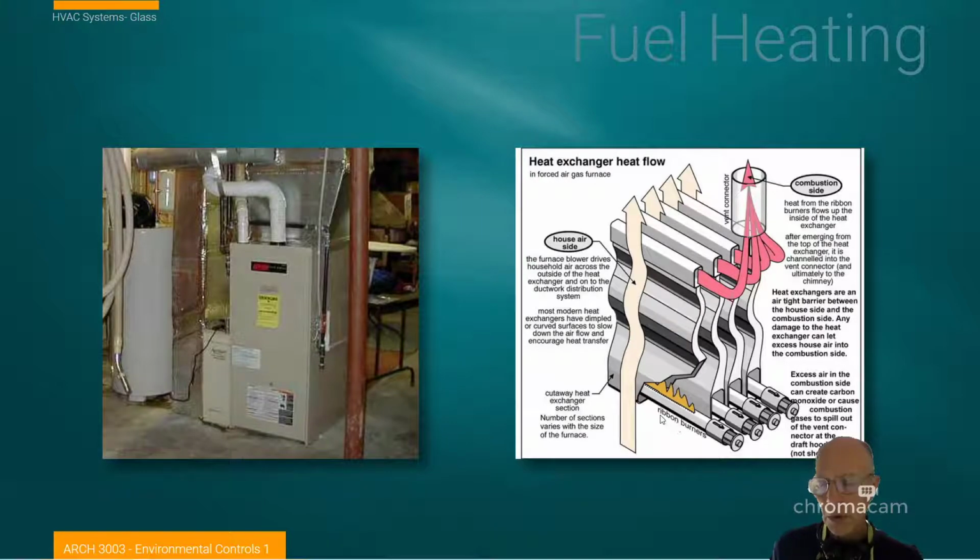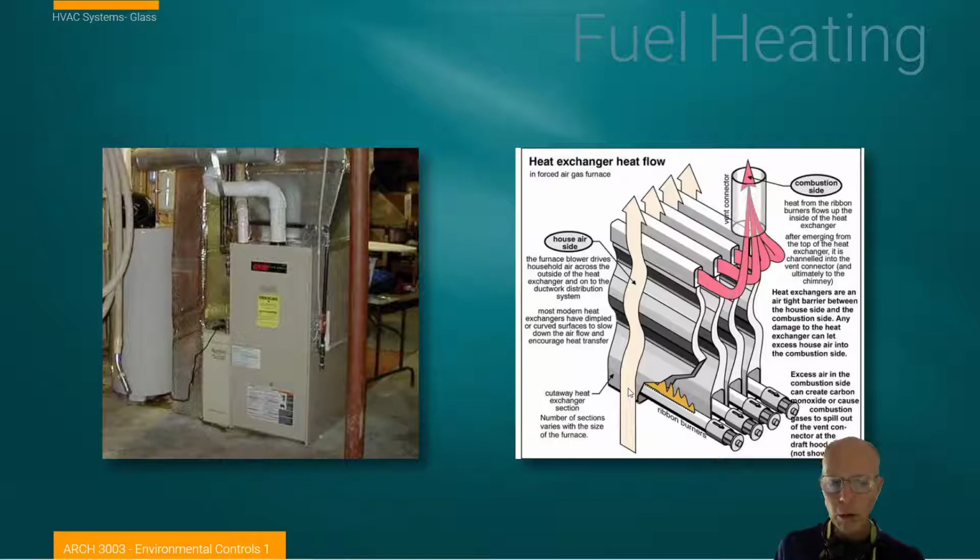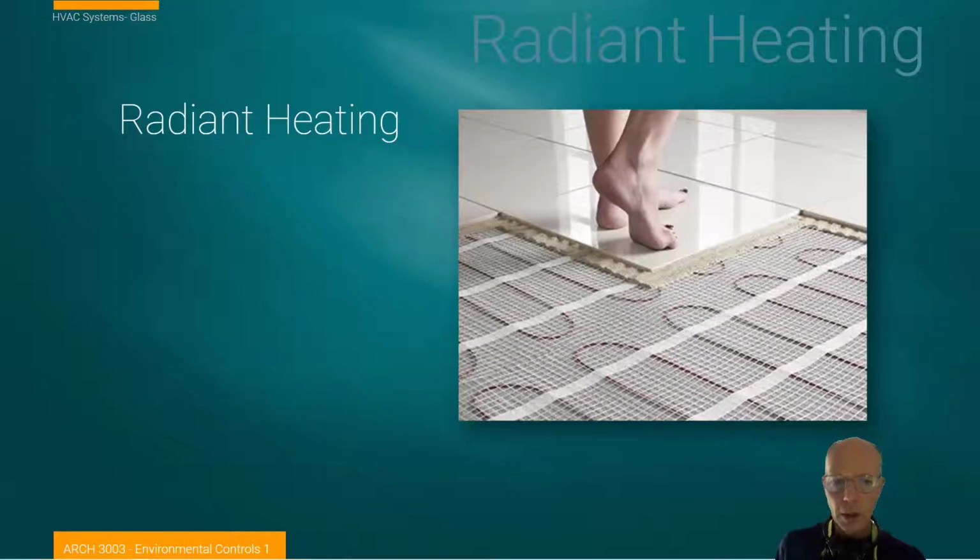Now, the important thing about that is the combustion air is inside of one chamber, and the fresh air that goes by it is in another one. So they're separated from each other. There's no mixing of the combustion gases of natural gas with the air that goes by it. That's one typical form of heating systems.